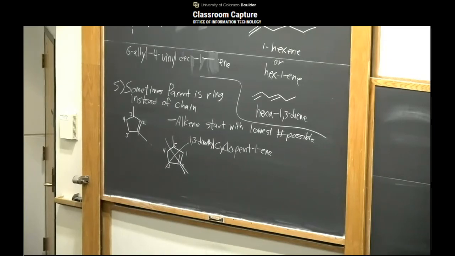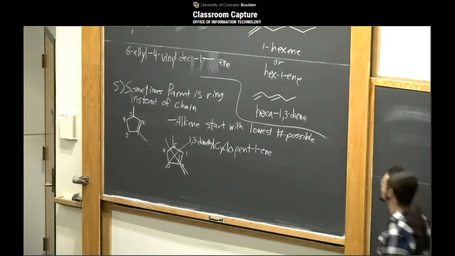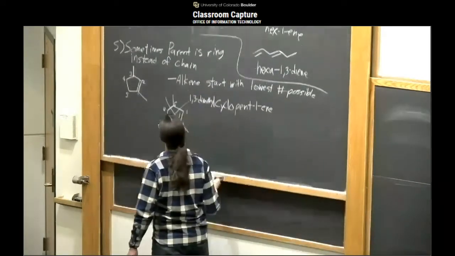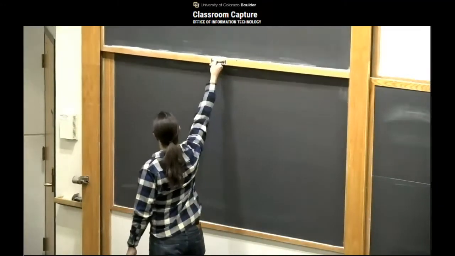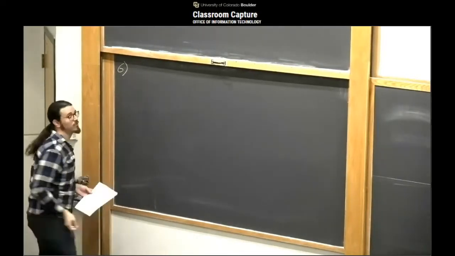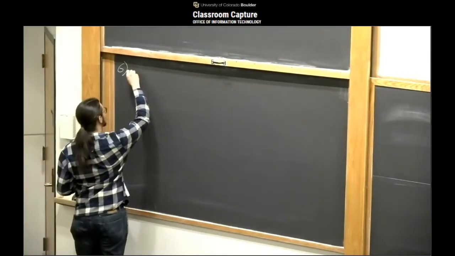Okay. So as the molecules get more complex, the naming gets a little more complex too. So in some cases, we will see substituents of substituents.